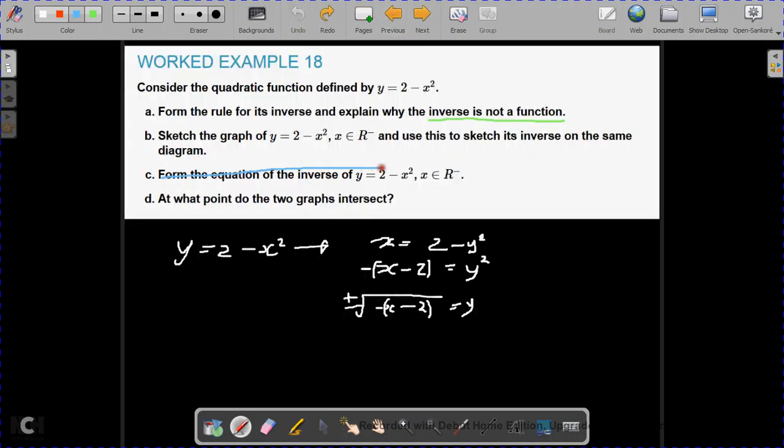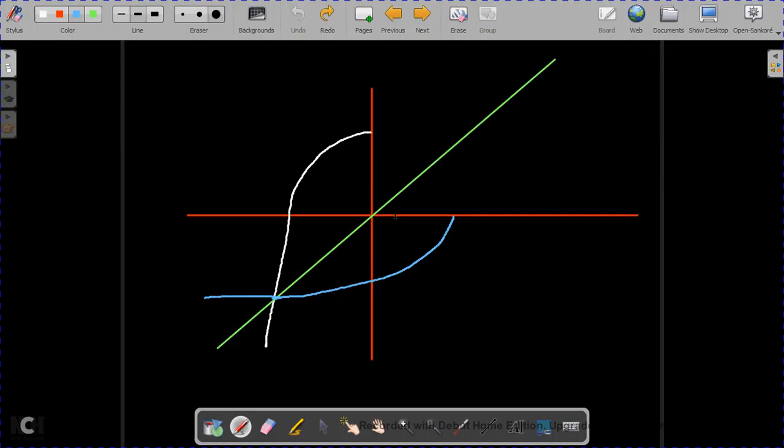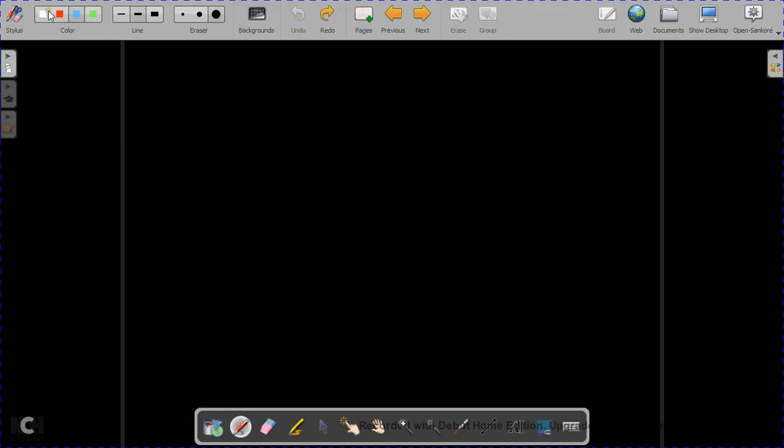Form the equation of the inverse. Well, what's the equation of that inverse? So if we've got y equals 2 take x squared, our inverse is going to be x equals 2 take y squared.